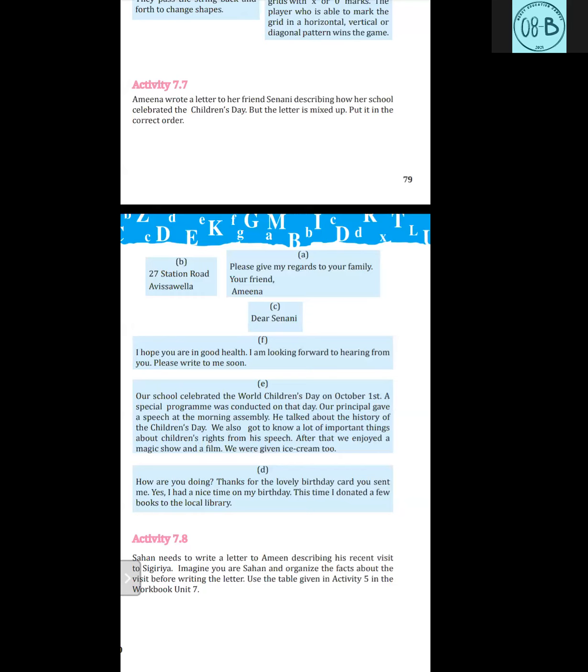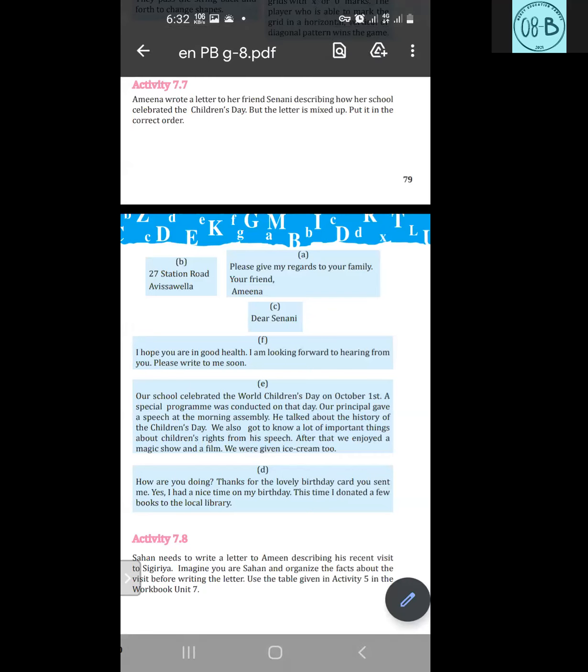The third one is D, sir. Yes. The third one is B, the starting of the letter, isn't it? Okay, so we can divide the body part into two.